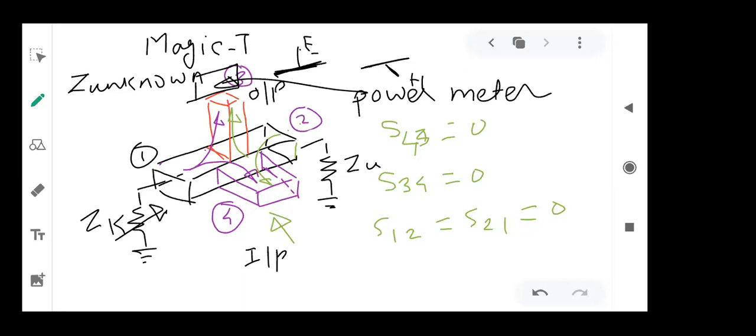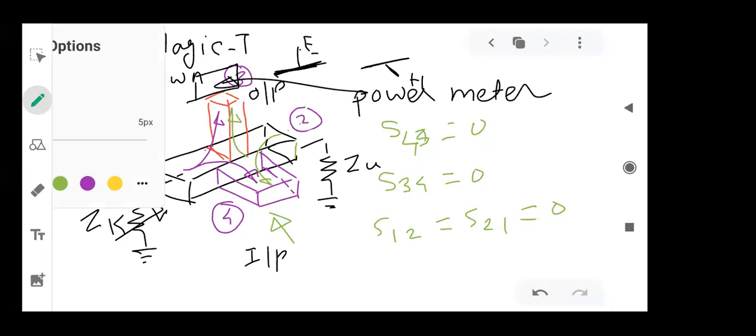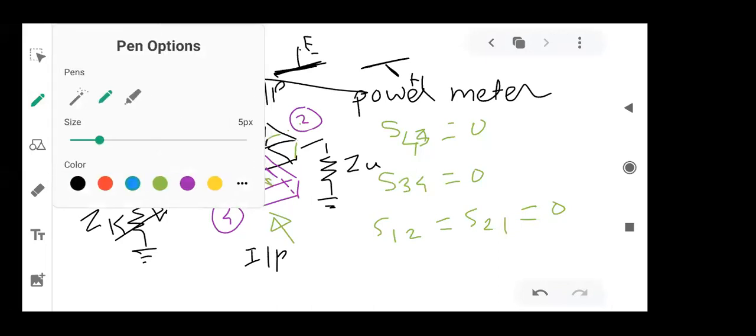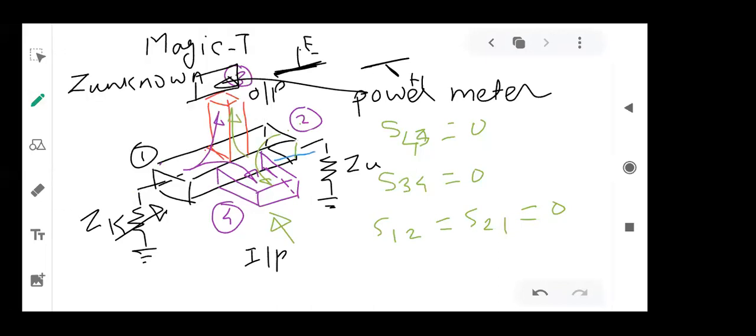Because of the mismatch, what is going to happen? At port number 2, since the waveguide and ZU are not matched, reflection is going to take place. So there will be a reflected signal which will come back inside port number 2.